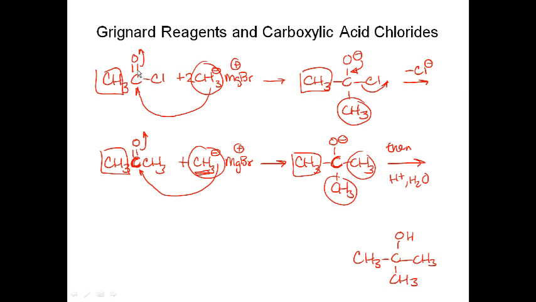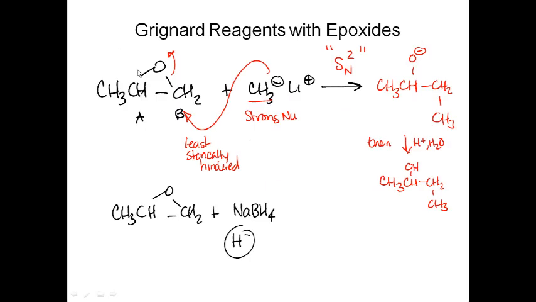Okay, that's when you react a Grignard with a carbonyl. When you react a Grignard with an epoxide, notice that the Grignard ends up attached to the carbon that's next to the carbon with the oxygen attached to it.